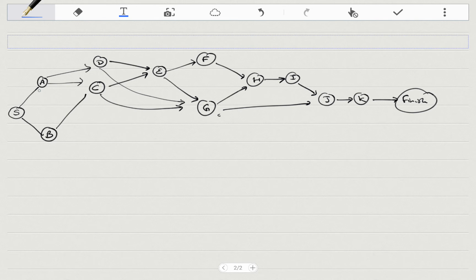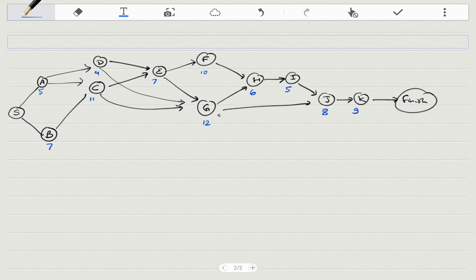So A is 5, B is 7, C is 11, D is 4, E is 7, F is 10, G is 12, H is 6, I is 5, J is 8, and K is 9.